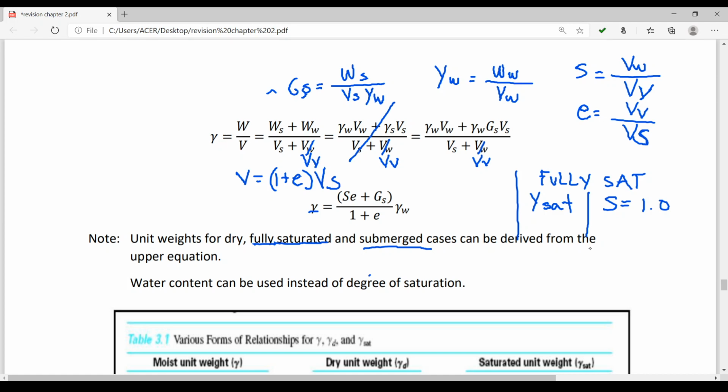So we derive your unit weight, that is γ saturated. Let's put S equal to 1.0.